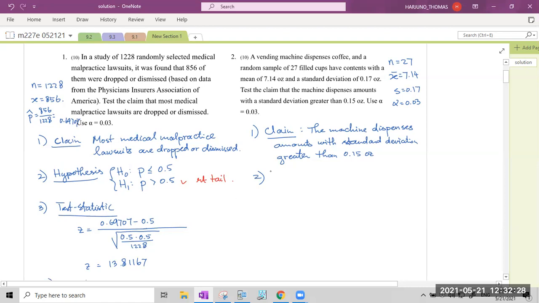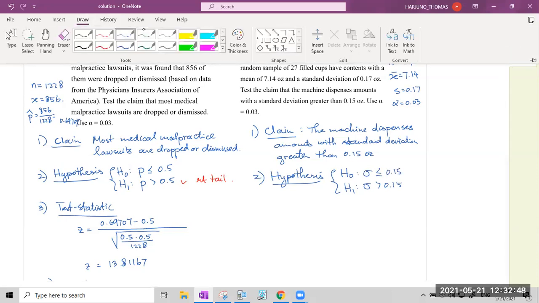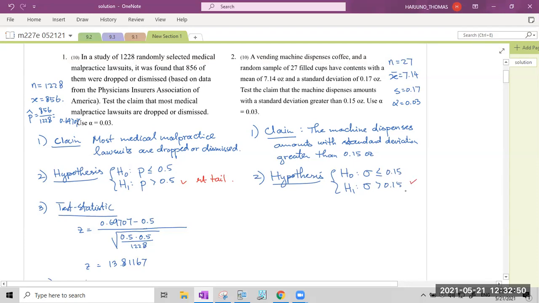Okay. So hypothesis. The standard deviation is greater than 0.15. So this is the claim, and that's right tail again. Step 3, test statistic.